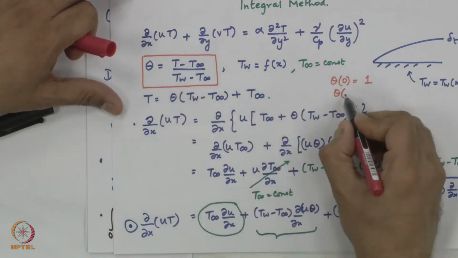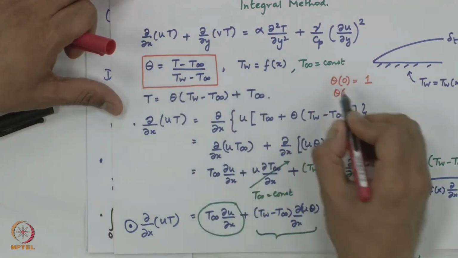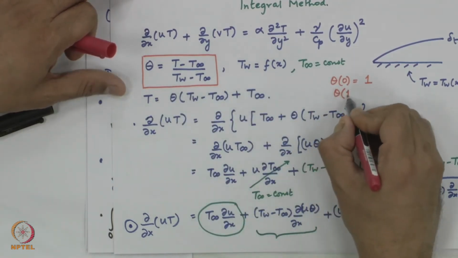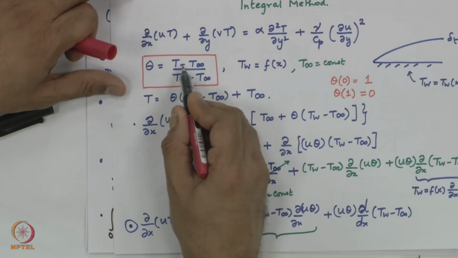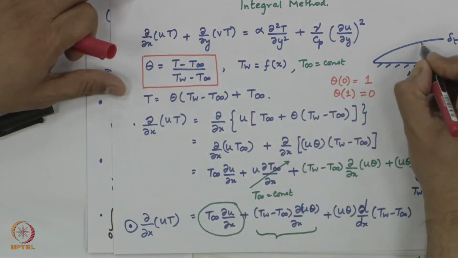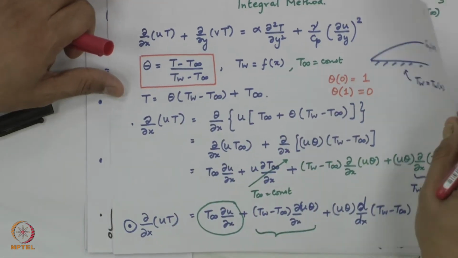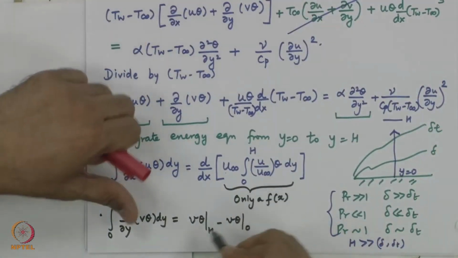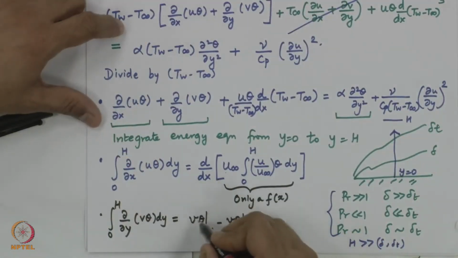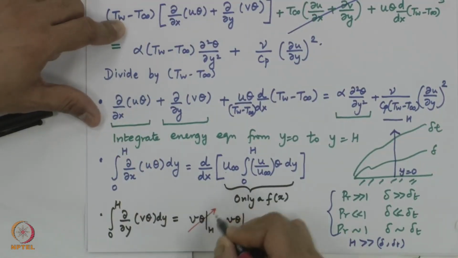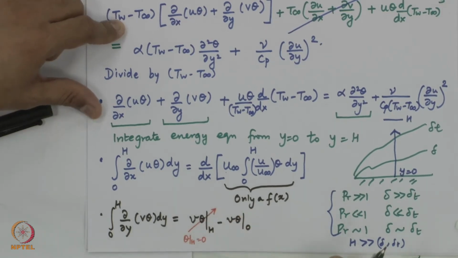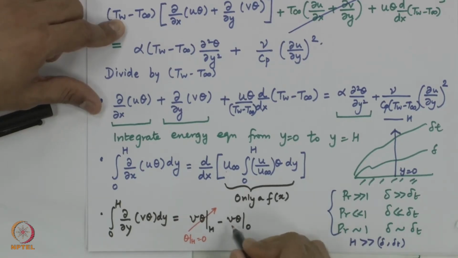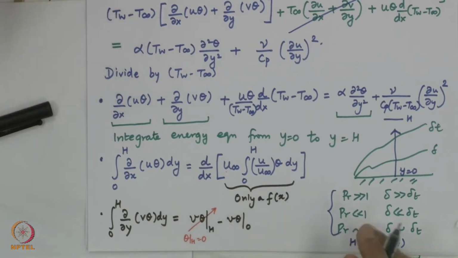Beyond y equal to delta t, or delta, theta is equal to 0, because t is going to be t infinity for the region at or beyond delta t. So, h is far away from the wall, and theta at h is 0. Therefore, this term will cancel off and we are left with minus v theta evaluated at 0.